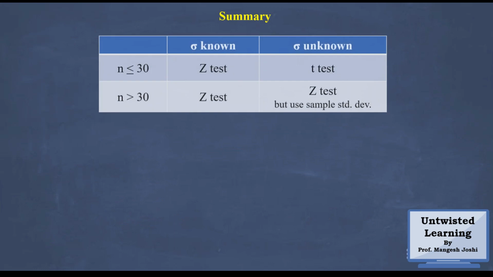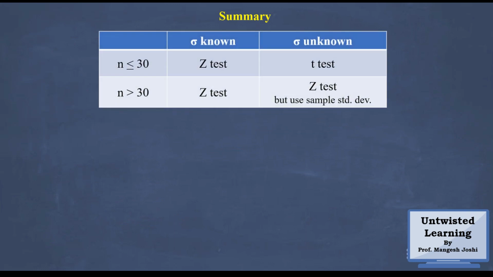So let us see the summary. Many of you may get confused about which test to be used in which type of problem. So it is simplified in one table. Consider sample size less than or equal to 30, and sample size greater than 30. When sigma is known, you have to use the z-test in both cases.